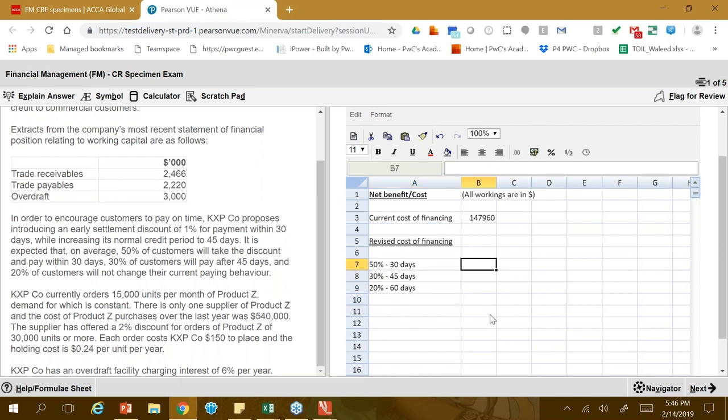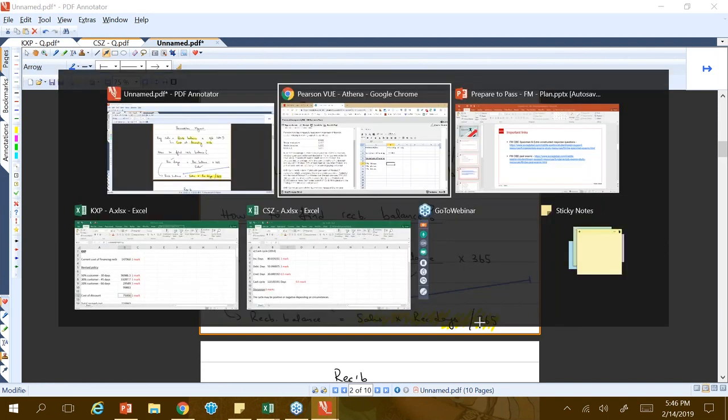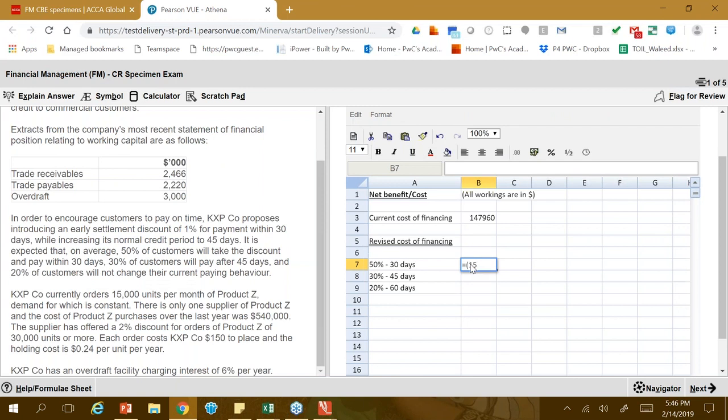Now, what I need here is a calculation where I can find the cost of financing for the 50% customers who take 30 days. What I want you to focus on now is this calculation: how to find the receivables balance, sales into receivable days over 365. So let's try this here. Sales, which is 15 million.